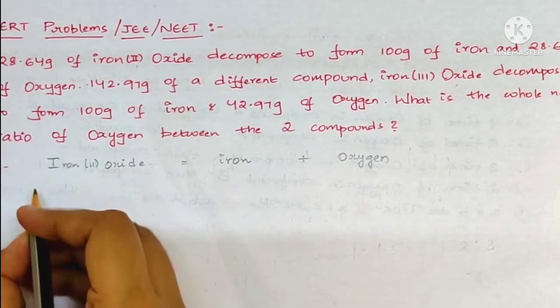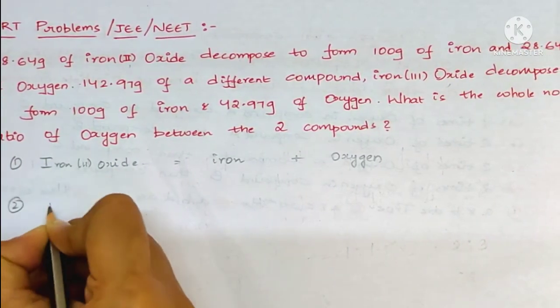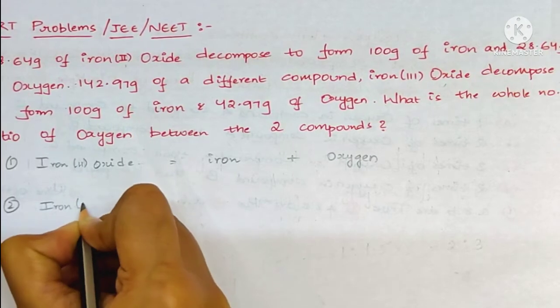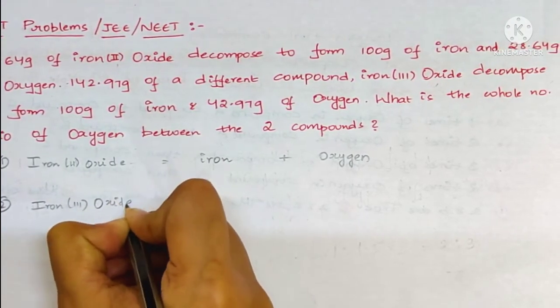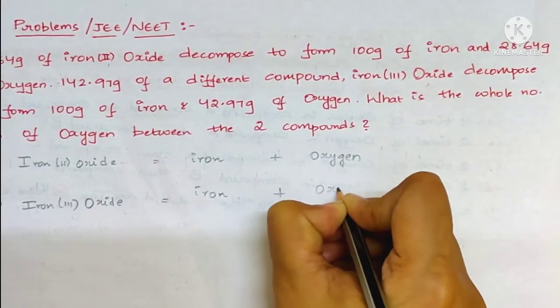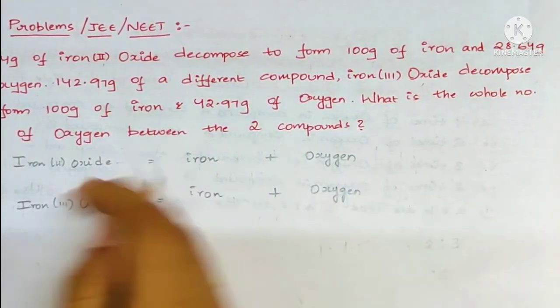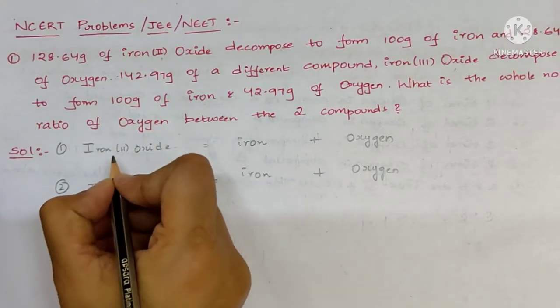Here this is in the first case. What is in the second case? Iron 3 oxide decomposes to form iron and oxygen, and they have given masses of these two compounds.